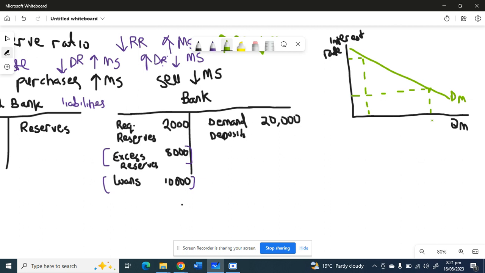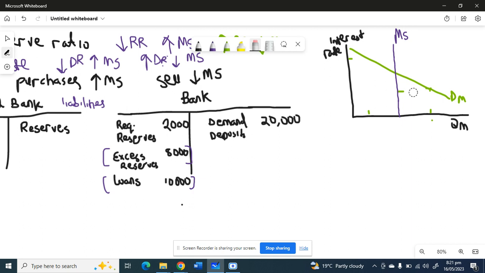As for the money supply curve, it is upward sloping. It is not affected by the interest rates. It's the central bank that prints this money, and it can increase the money supply or decrease the money supply.